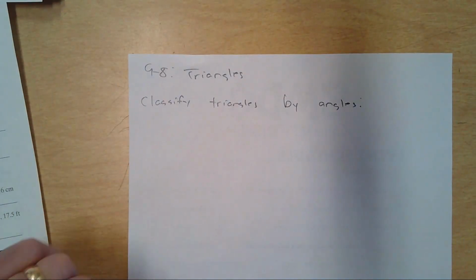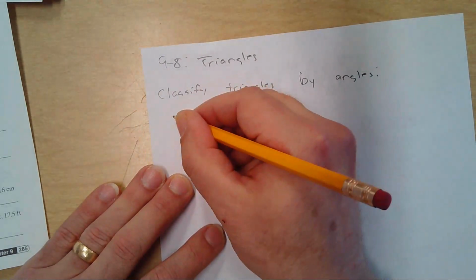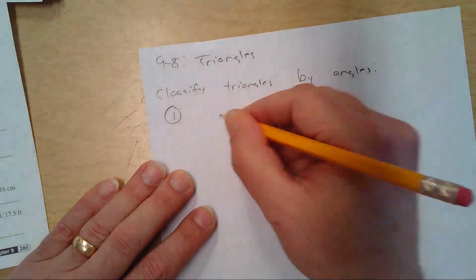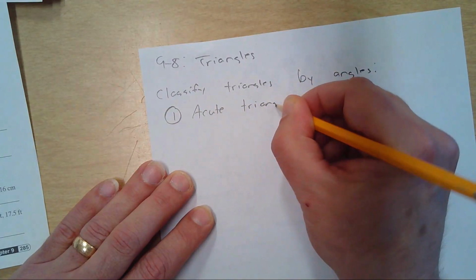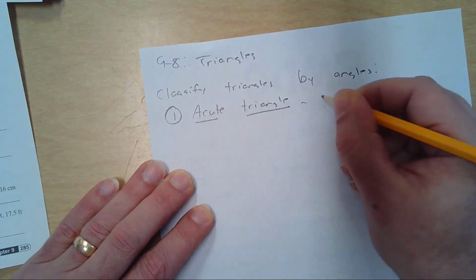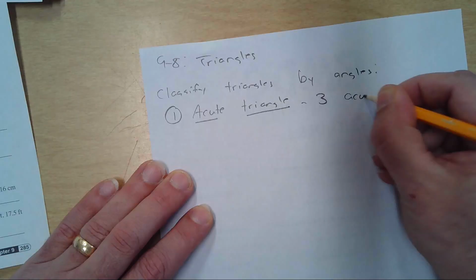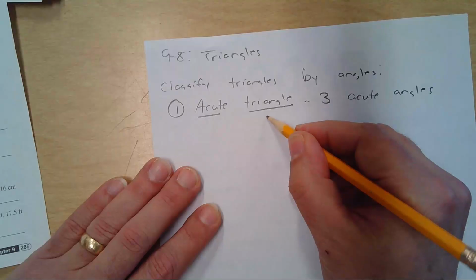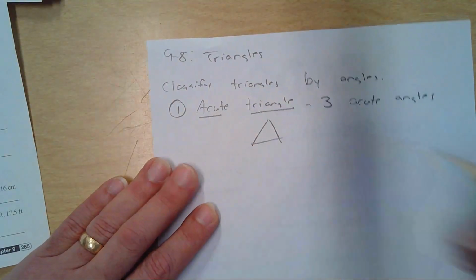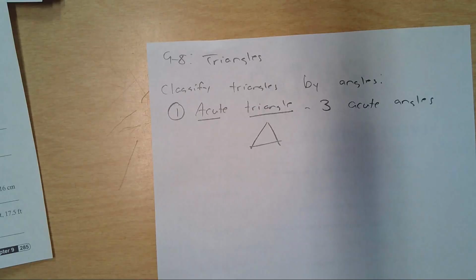So there are three of them. Again, you probably already know them here, but an acute triangle has three acute angles in it. And again, I can briefly sketch one here, but certainly an equilateral triangle would be an acute triangle.